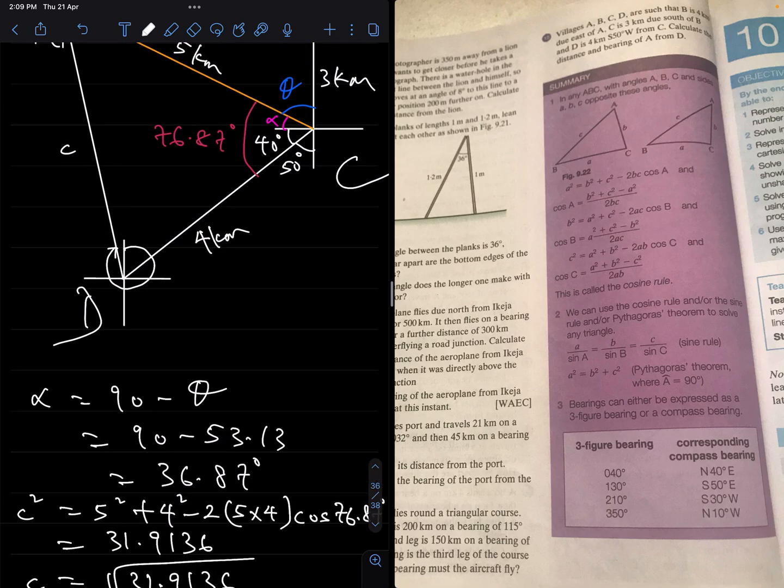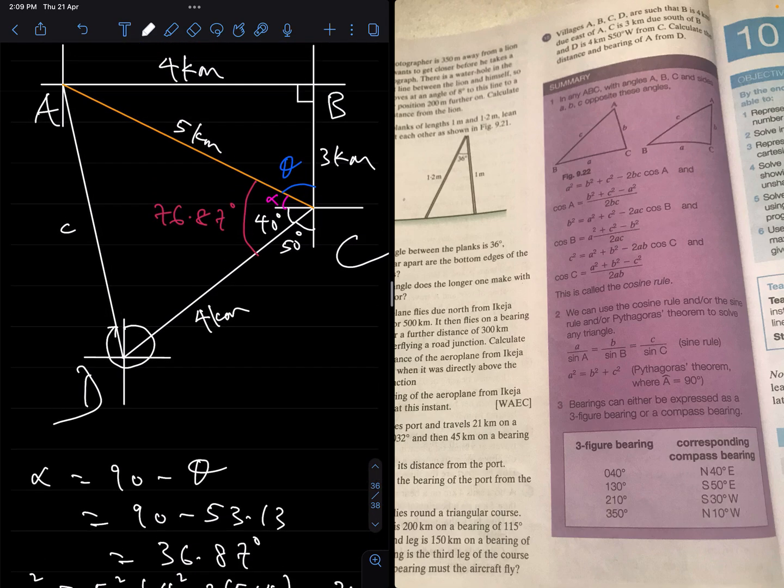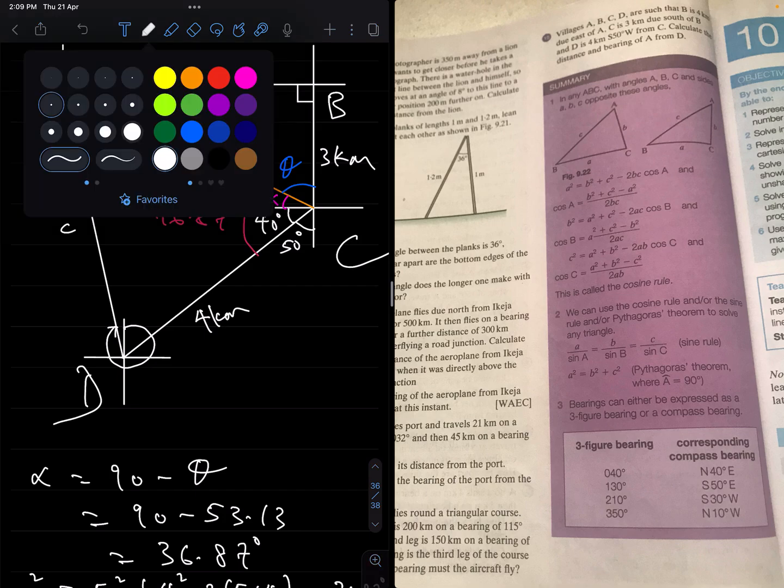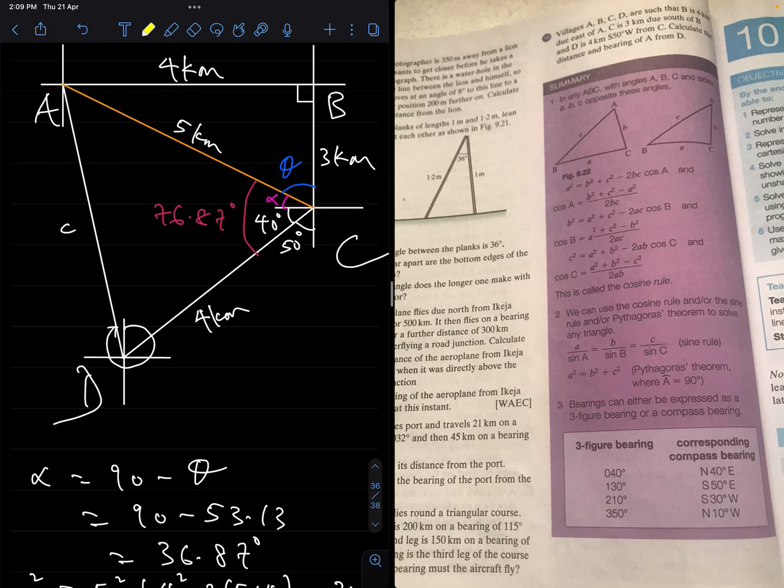Now, how do I find the bearing of A from D? If I'm able to find this small angle. First of all, I'm going to find the whole of this angle, let me call that beta, and then find this small angle.